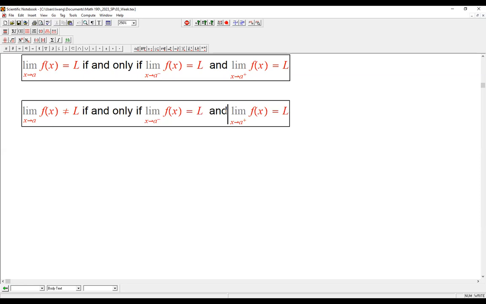Then what would that be is that, or, so this is not L. So what's the logic about that? The opposite of "and" is "or." This is the logic. If A, then B and C.